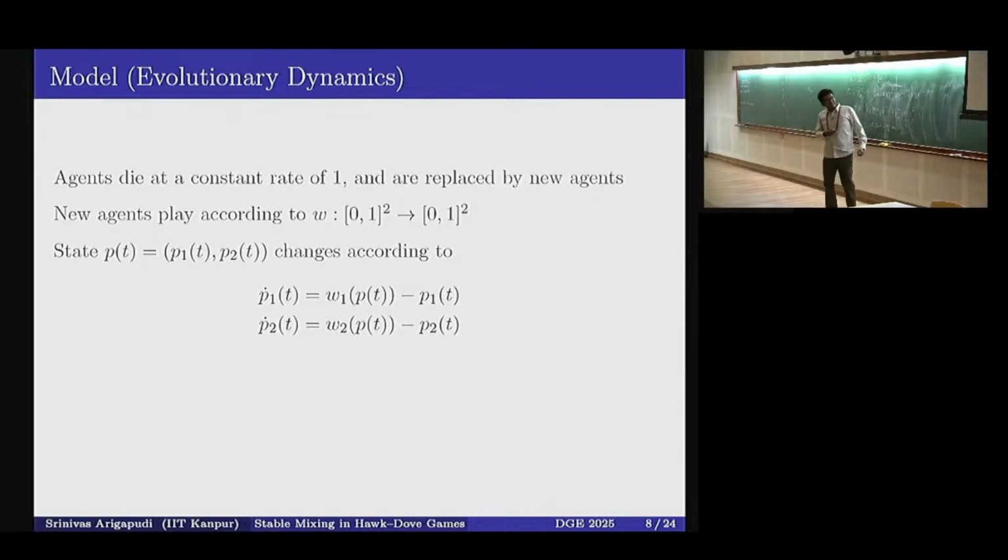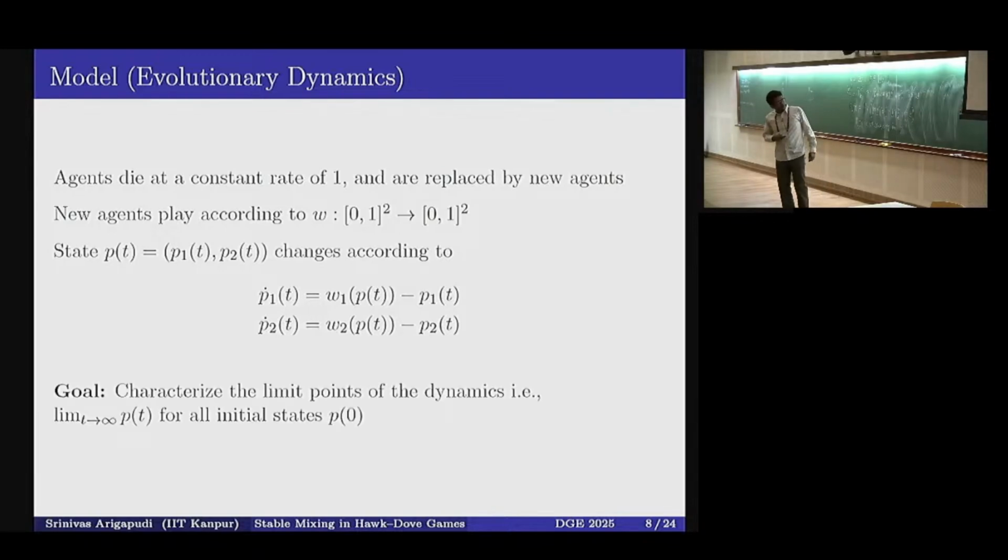And then P1(t) is the probability that the agent who leaves the population is the hawkish guy. So this represents the net rate of change of agents who play the hawkish action in population 1. And similarly for the agents in population 2.